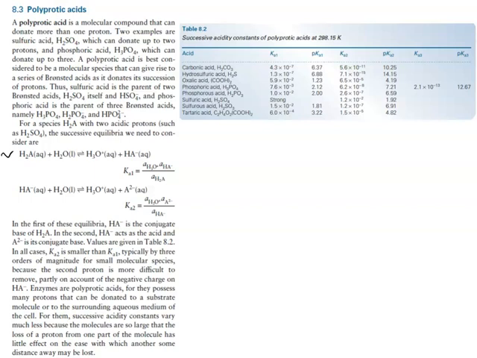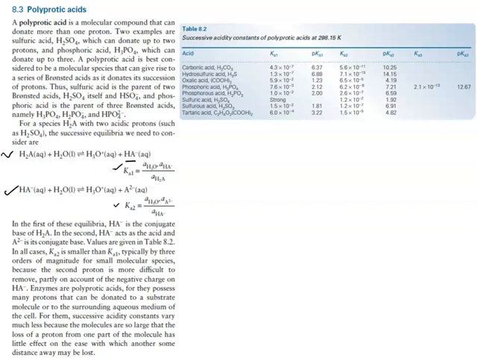The first, in which H2A dissociates its first proton, forming a hydronium, and the second, where the conjugate base of the first dissociation acts as an acid in a successive dissociation, where HA- dissociates, giving up its proton to react with water to form a second hydronium and forming a different conjugate base, A2-. Each of these can be described as different equilibria.